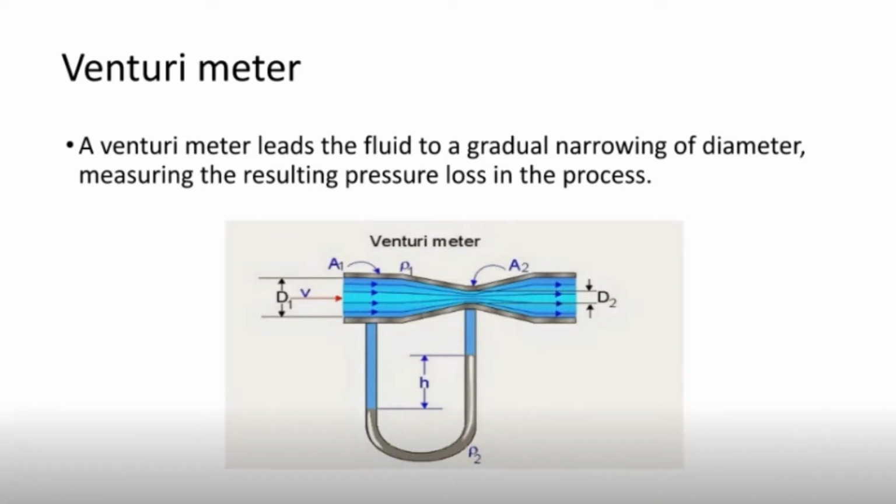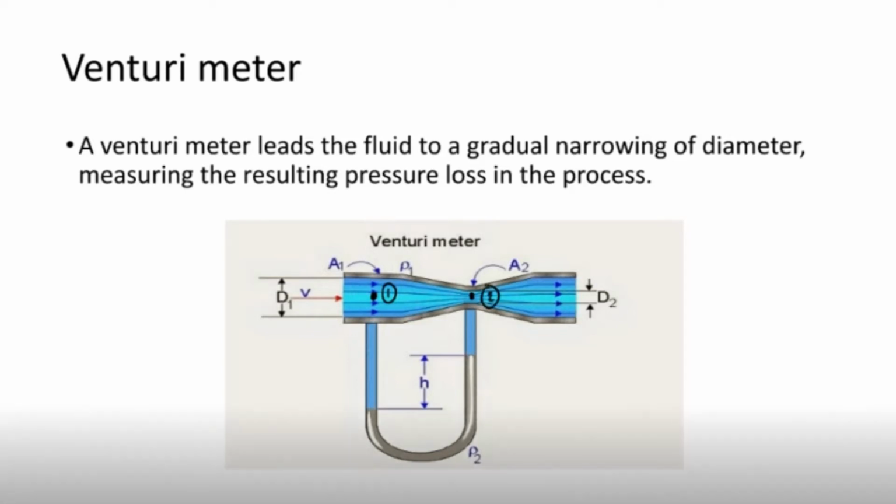Now for us to derive our governing equation for a Venturi meter, we can simply perform a mechanical energy balance on two different points of the Venturi. Now the most notable points that we should have is of course the point just before we enter the Venturi. We call this our point 1. And of course, another point is at the throat of the Venturi. We call this point 2.